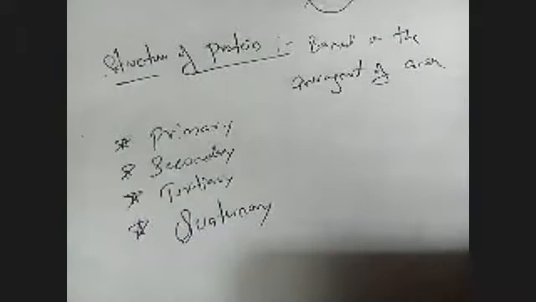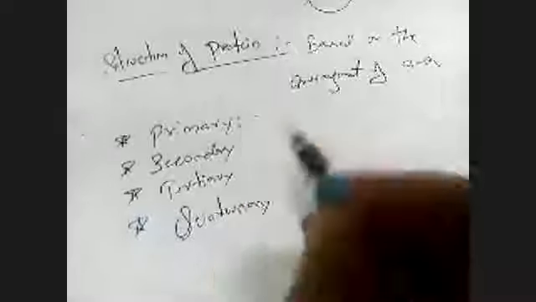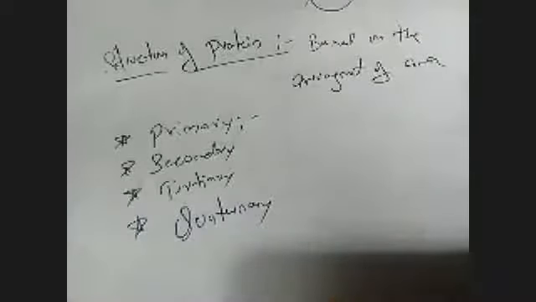Primary structure means it's a type of protein, a sequence of amino acids, where we can see the linear arrangement. It involves the peptide bond. That bond can be broken, and making a bond is so easy.